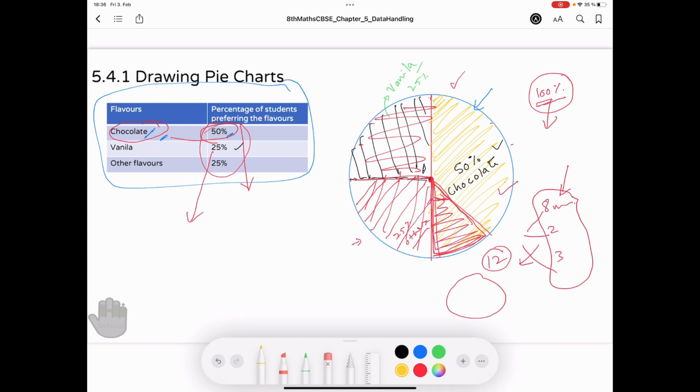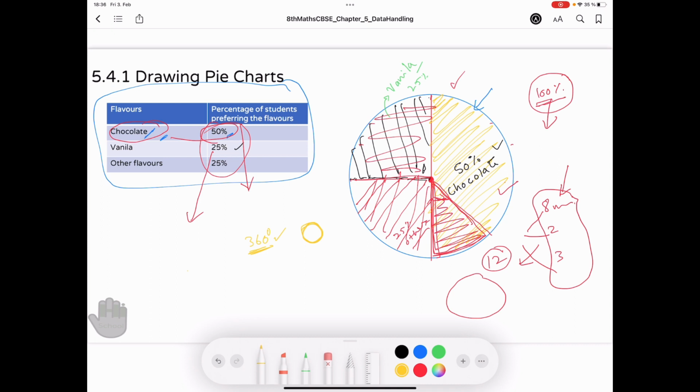And to find out angles, what do we need to do? We know that a complete circle is nothing but 360 degrees. Okay, and 50% of this 360 degrees is half of it. Why do we say 50% is half?